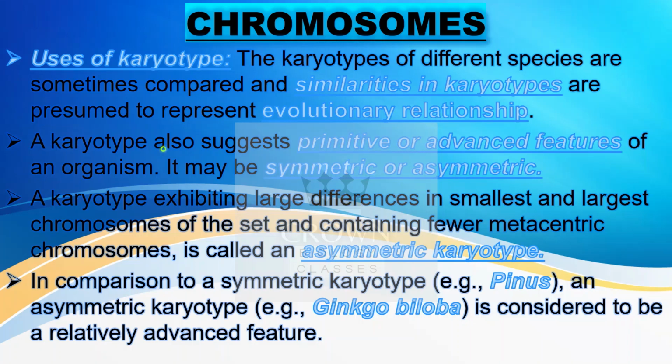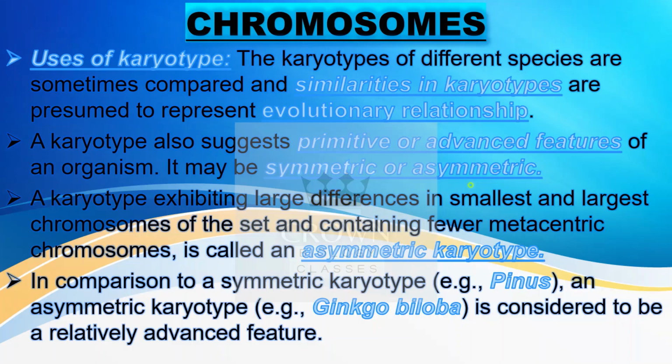So karyotypes also suggest primitive or advanced features of an organism. Just by looking at the chromosome structures, we can predict whether the organism possesses primitive or advanced features. Accordingly, a karyotype may be symmetric or asymmetric. If a karyotype exhibits primitive features, then it is a symmetric karyotype.